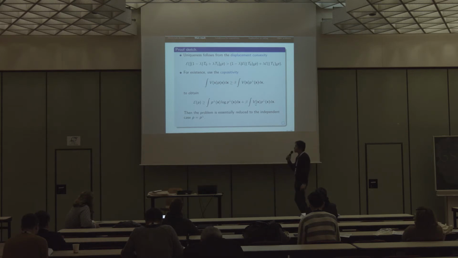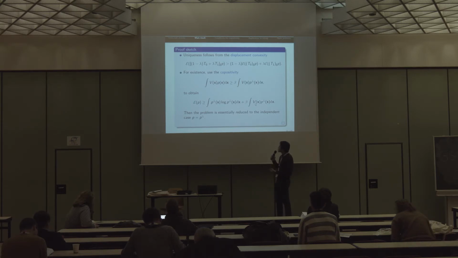Here is a brief sketch of the proof. Details are omitted, but for uniqueness, the displacement convexity argument in the theory of optimal transportation can be used. The existence part is more essential and important in this talk.